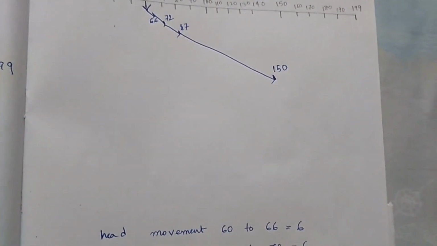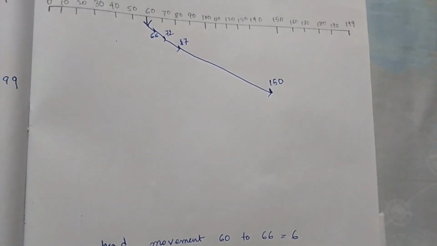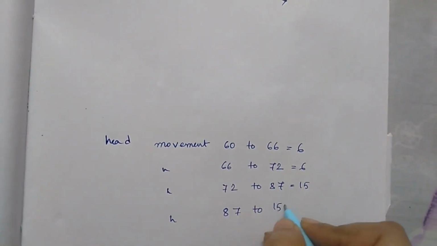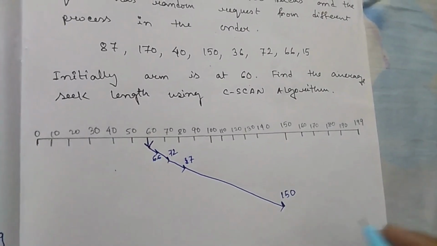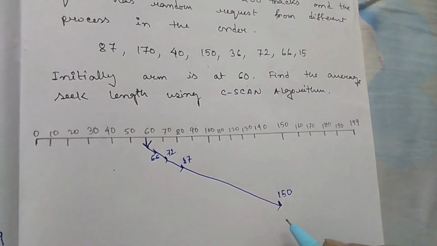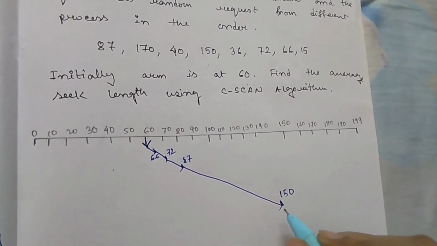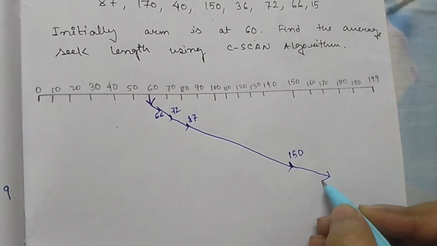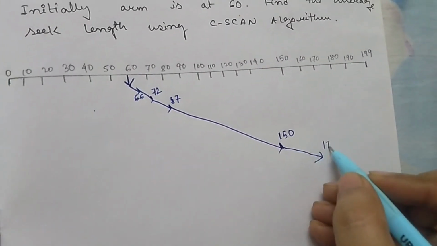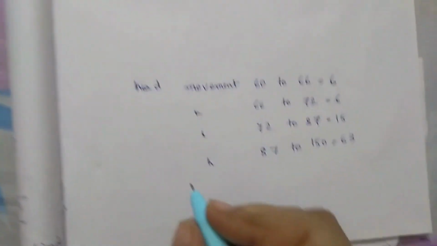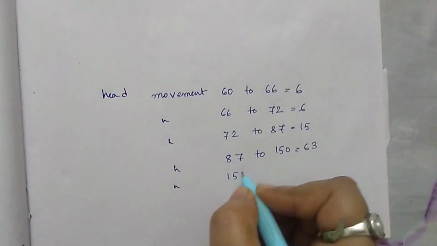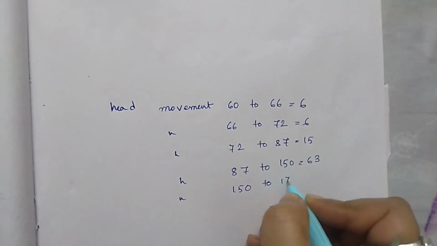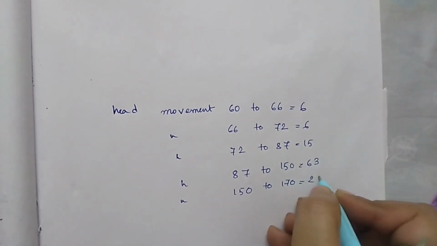So the next nearest value is 150. We calculate the movement, 87 to 150, so the value is 63. Next we move to the next nearest value of 150, that is 170, and the head movement is 150 to 170, so the value is 20.